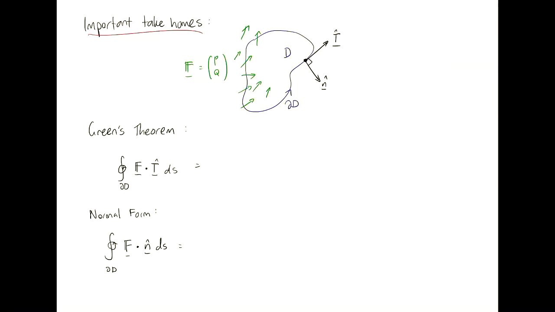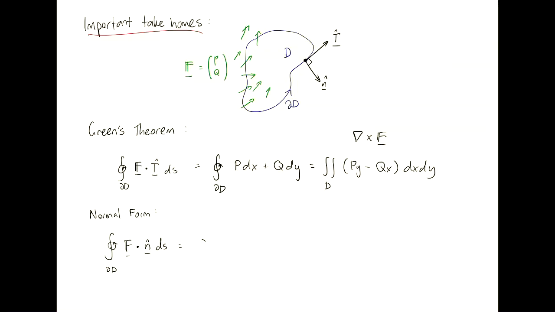Exactly the same thing, which we know is equal to the integral around the boundary of p dx plus q dy is equal to the double integral of py minus qx dx dy, which I don't remember, or the curl of f, which I do remember. You can remember what you wish to remember.